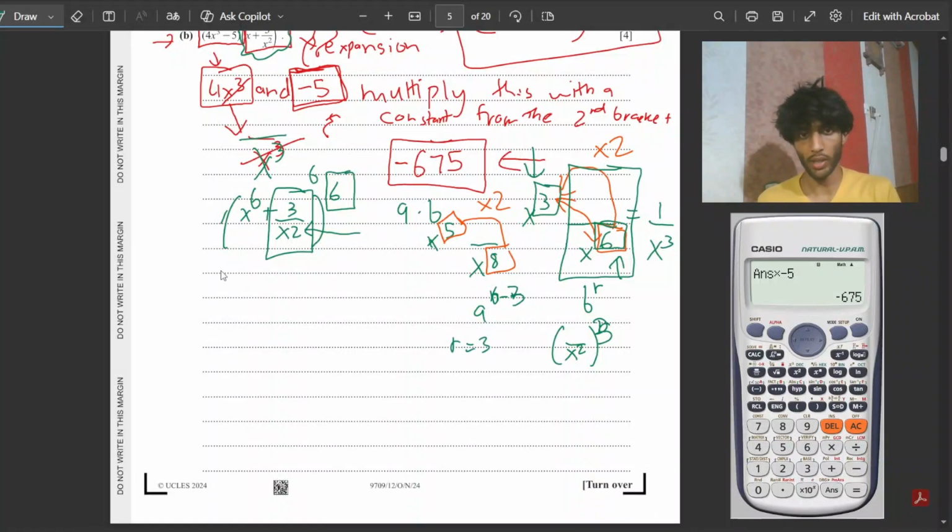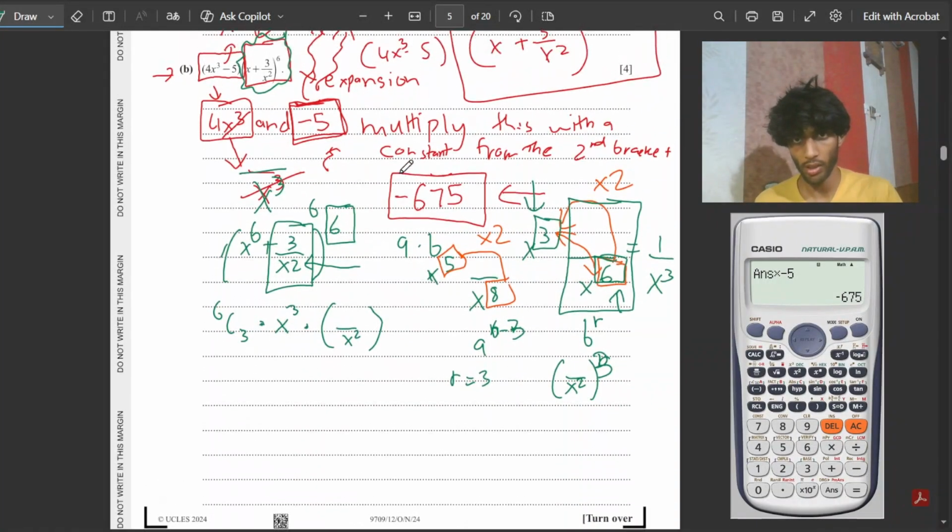So what I can do over here is 6 choose 3 times a, which is x raised to the power 3, because 6 minus r is going to be 3, times the b part, which is x squared, and I believe there's a 9 on top, right? No, there's actually a 3 on top, and the power I'm going to choose is 3. So this is n minus r, and this is r. Let's solve this out.